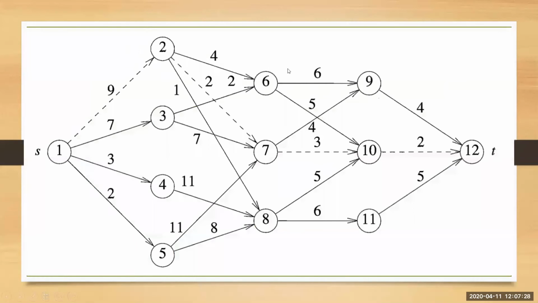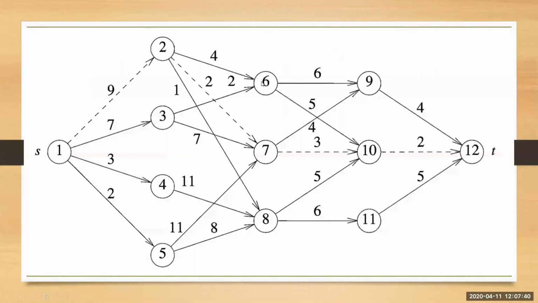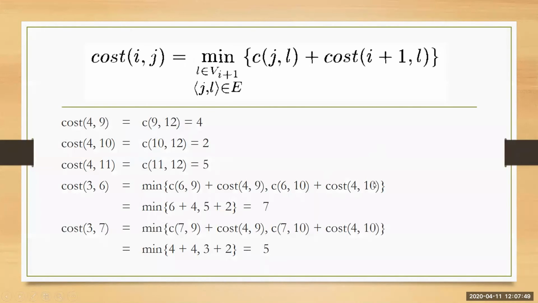The cost of edge from 6 to 9 plus cost of this 9 at stage number 4, comma, which is the other edge, the cost of edge from 6 to 10, that is 5, plus cost of vertex 10 at stage number 4. Hope you understood.